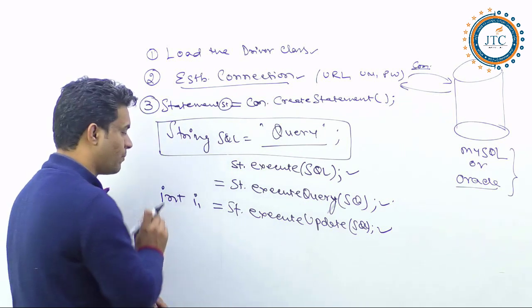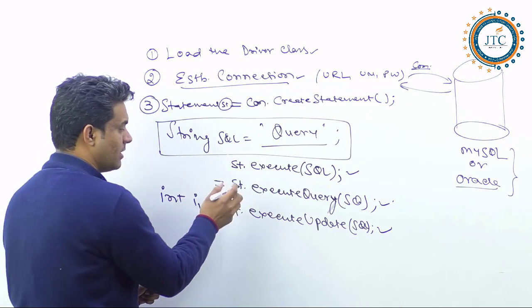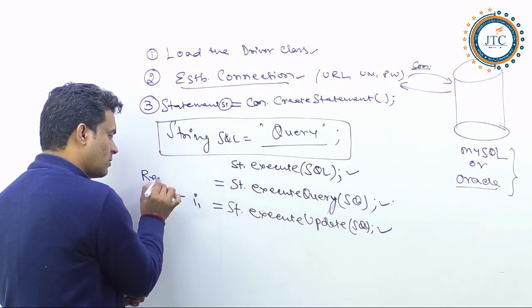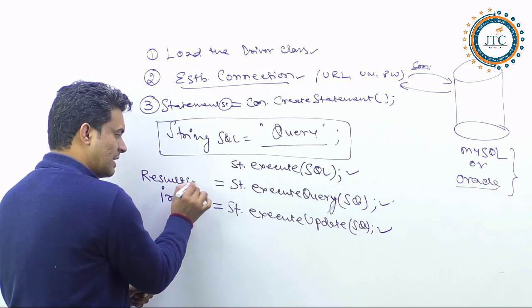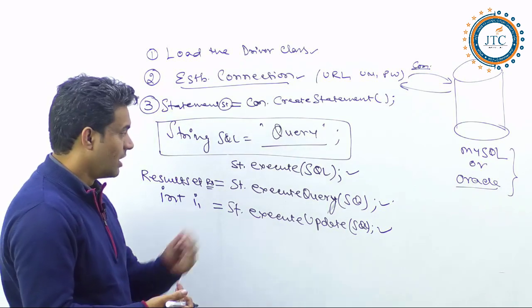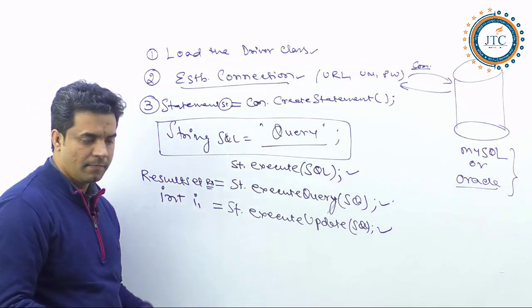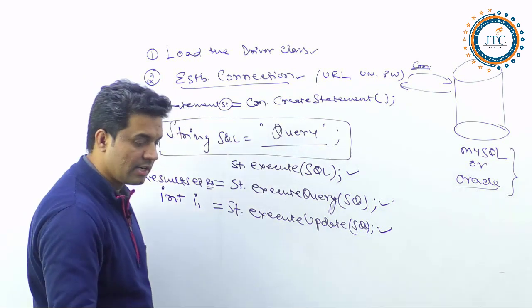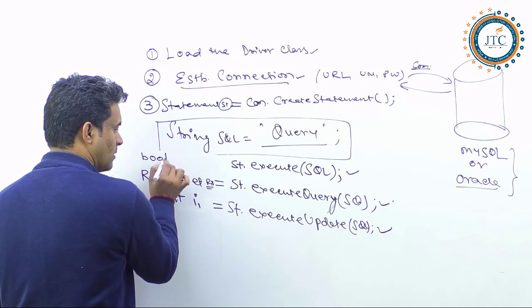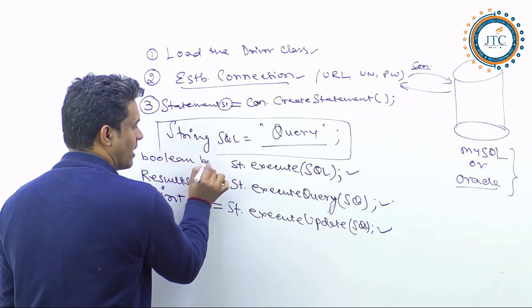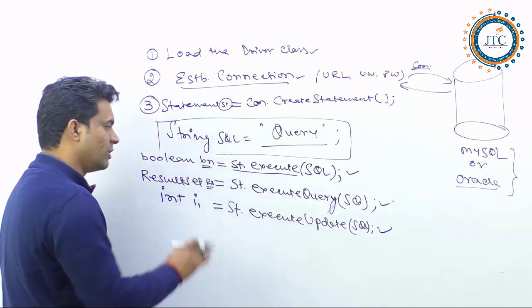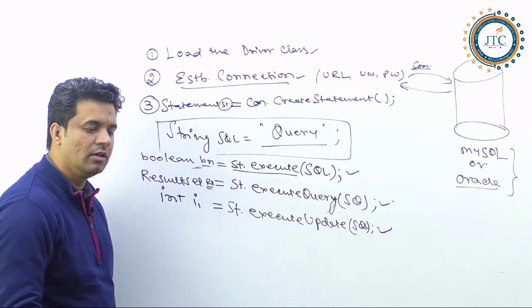Inside this we have a ResultSet, an RS. It is going to return the type ResultSet. And the execute method is going to return something called the Boolean type.